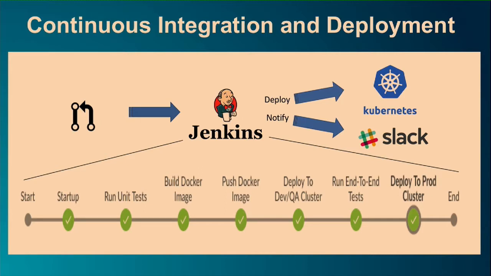Once the deployment is successful on the dev and QA clusters, we run end-to-end tests on those clusters, and if they are successful, the pipeline automatically deploys the new code to the prod cluster. Once this whole pipeline gets completed, we get notified on Slack, and if at any stage the deployment fails or the end-to-end tests fail, then the whole deployment gets rolled back automatically.